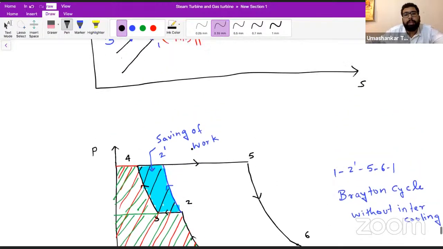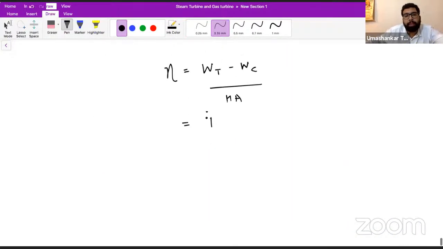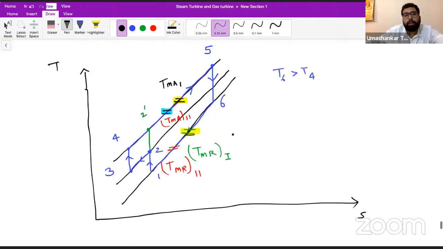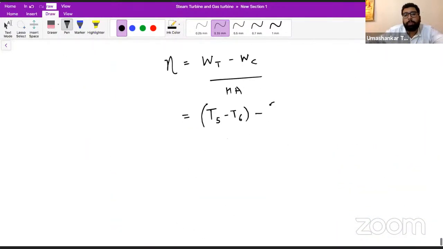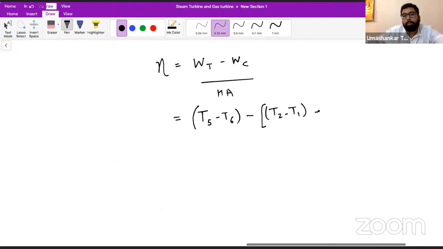We know that turbine work is from 5 to 6. So in terms of temperature, I am writing this is going to be T5 minus T6, minus the compressor work. Compressor work is taking place at two places: from 1 to 2, so that is T2 minus T1, and from 3 to 4, so that is T4 minus T3.